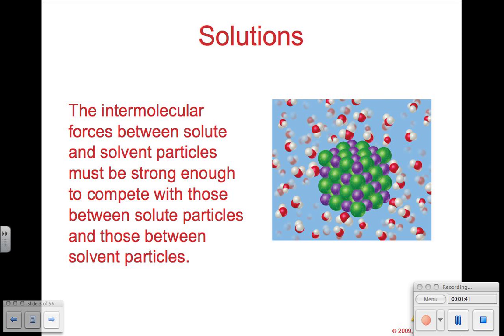Well, water, although it is a very polar molecule, does not dissolve the gold metal on the ring because the intermolecular forces of water, the hydrogen bonding, are not strong enough to break up the metallic bonds that exist between the gold atoms in a gold ring.